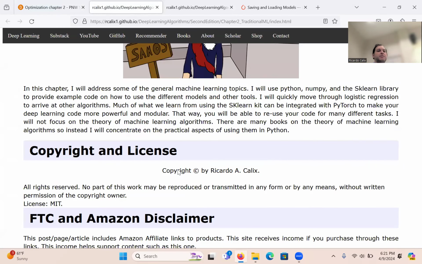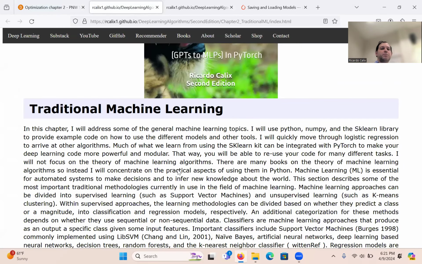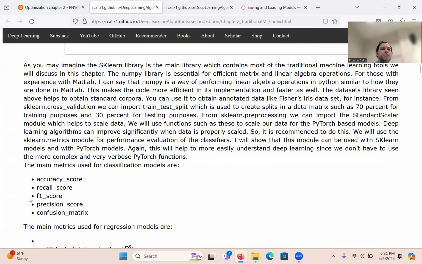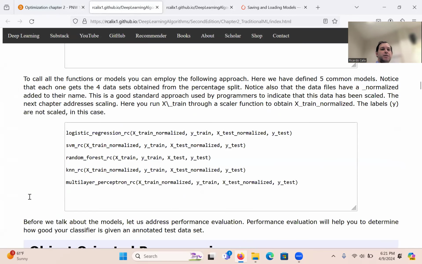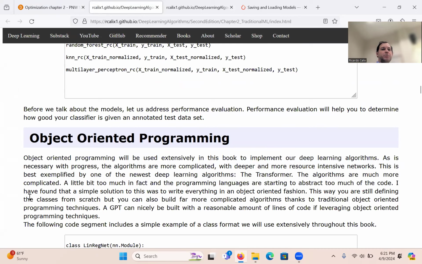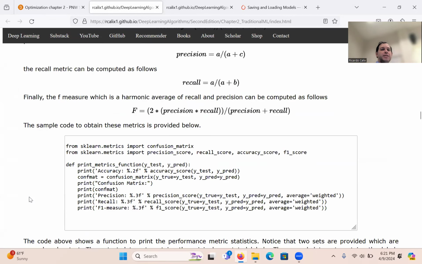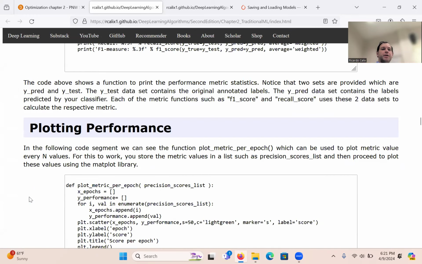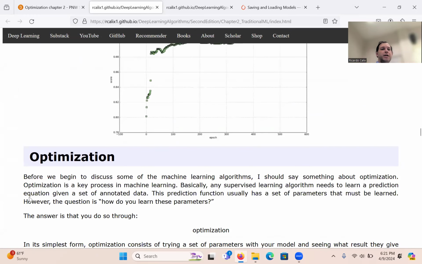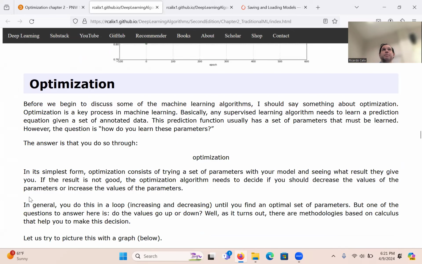This has KNN, which you have already looked at. It's got some of the metrics, object-oriented, which we've talked about. It's got the precision, recall, all that information, so you've covered that already. But it's got this concept of optimization, which is definitely one that we will be covering in the next couple of weeks, right?